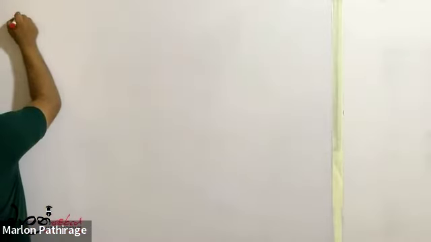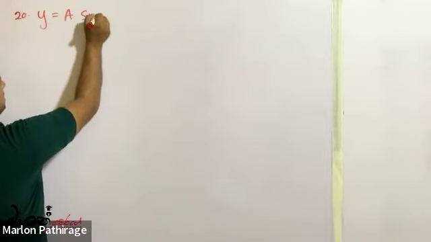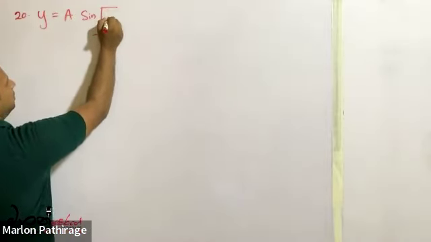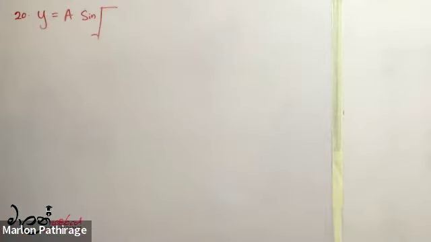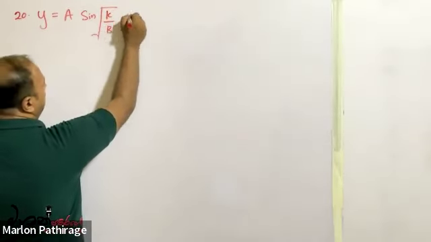Y equals A into sine square root of k over b into t.